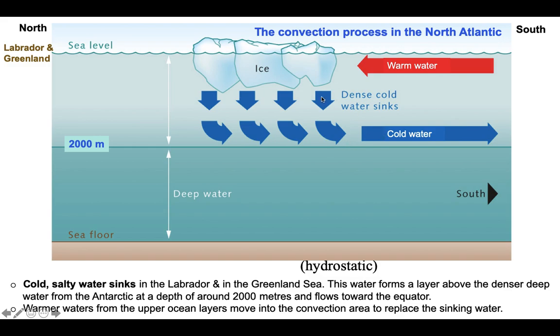Let's take a look at the convection process in the North Atlantic Ocean. South is to the right and north to the left. So you can think of this as the coast of Labrador and Greenland.